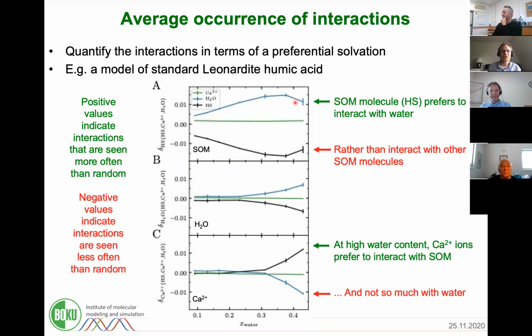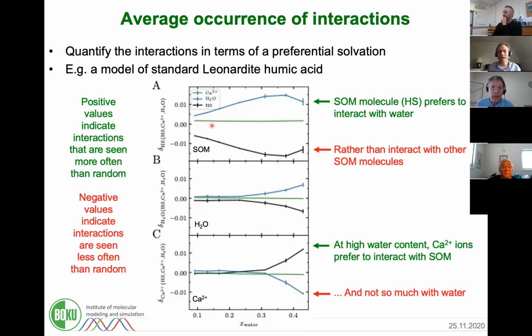So these pictures here show, again as a function of the water content, what species would like to be around the other species. So here we have organic matter, we have water, and we have calcium ions. Here I have curves for the other species always. And if it's positive, it means it likes to interact with it.